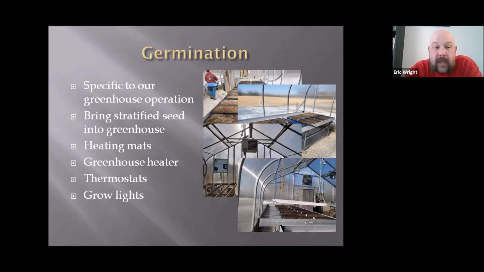We also added some grow lights this year, and they are relatively successful. We primarily use them during germination, and we use them to extend the photo period. So say in mid-February, the sun's coming up at 7 o'clock in the morning and going down at 5:30 at night. Well, we set these grow lights to turn on at about 6 o'clock in the morning and let them run through 7:30, and then again in the evening.